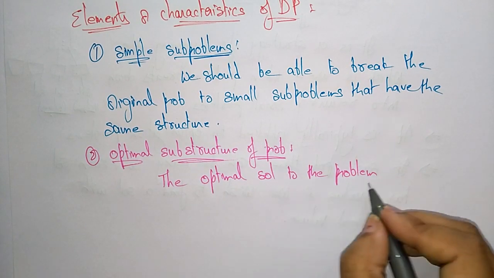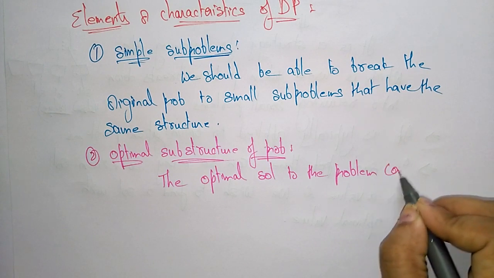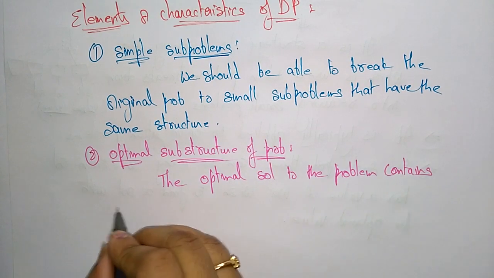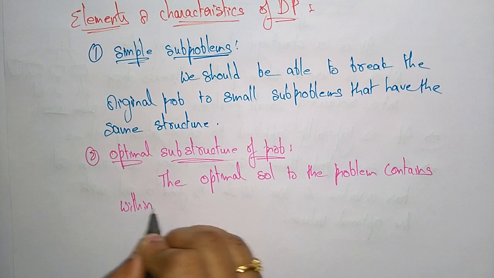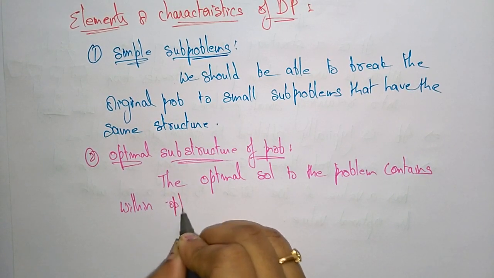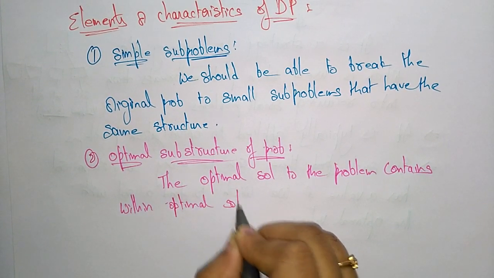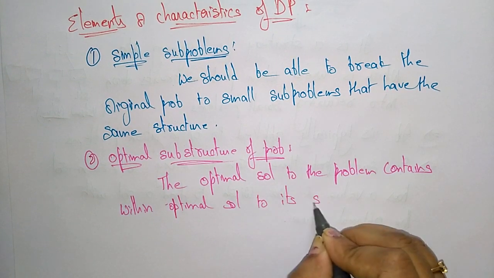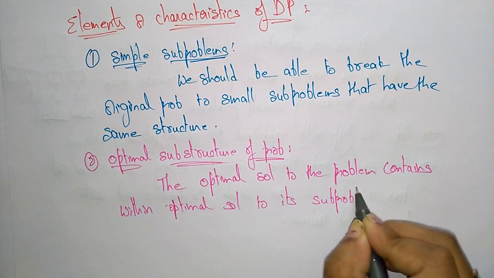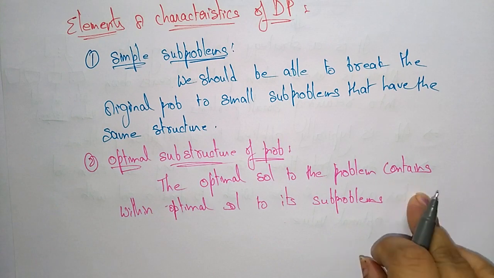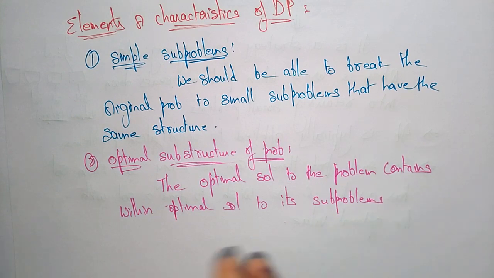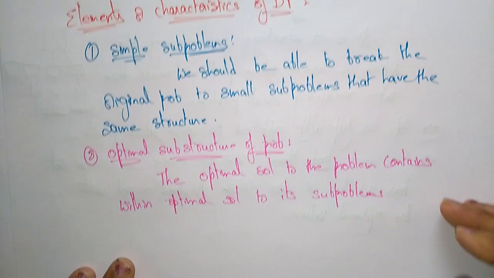If the optimal solution to the problem contains within it optimal solutions to its subproblems, that is optimal substructure. The optimal solution to the problem contains within it an optimal solution to its subproblems.